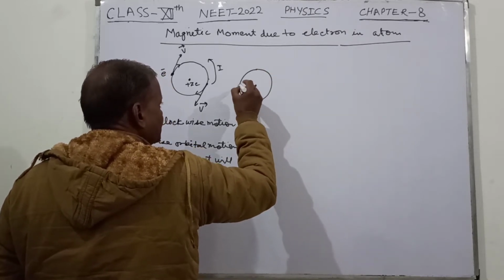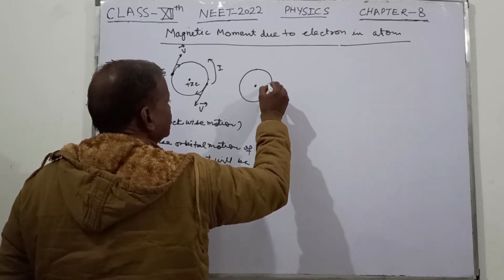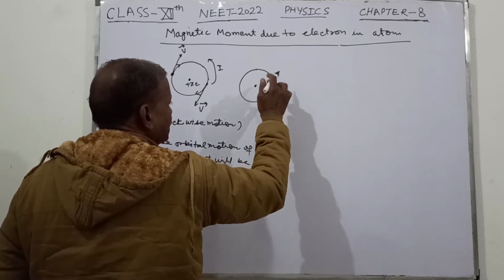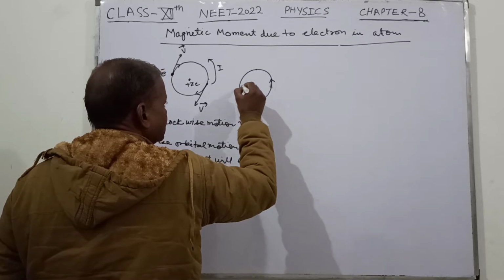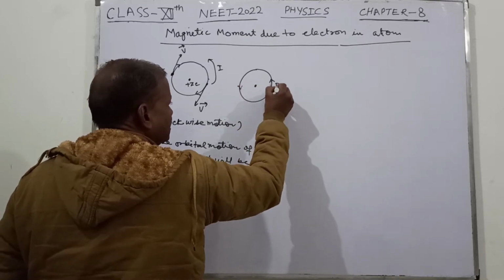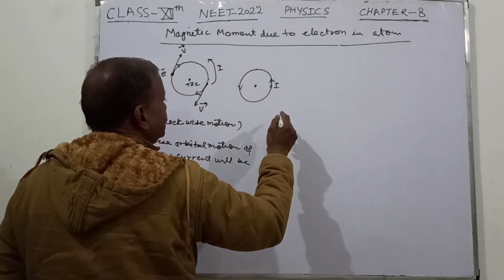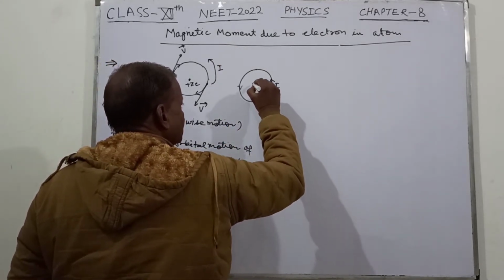This is the nucleus and this is the current. The current I is in the anti-clockwise direction. Then the magnetic moment will be perpendicular to this.